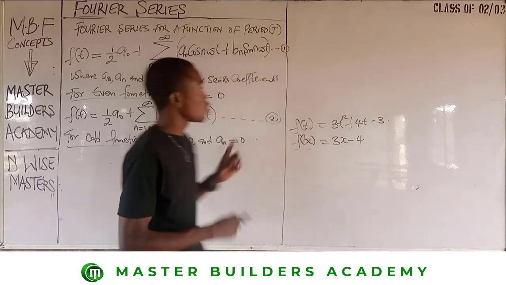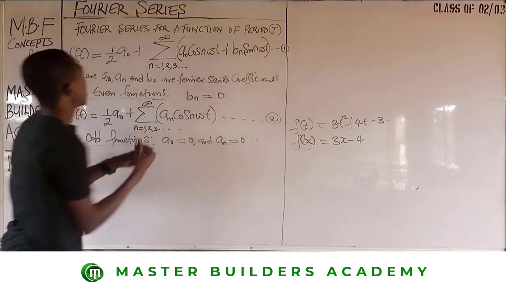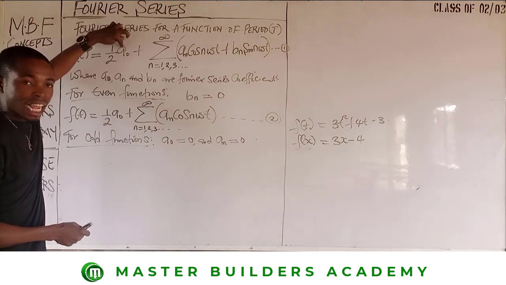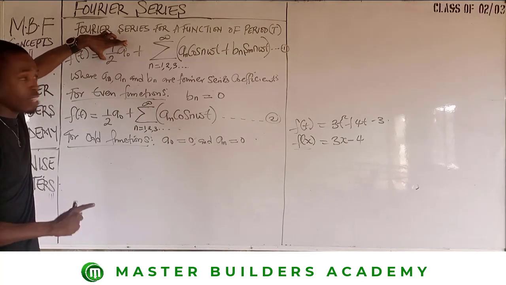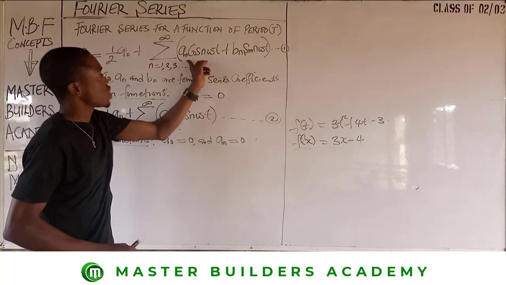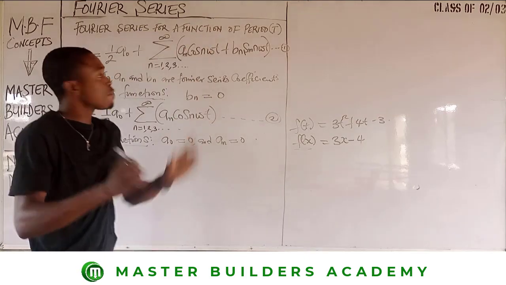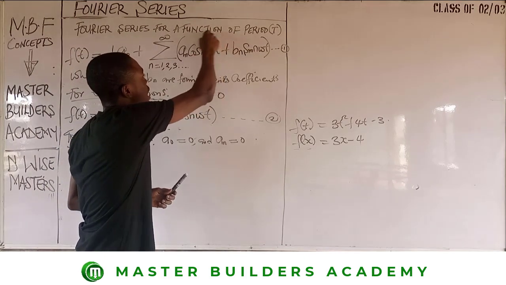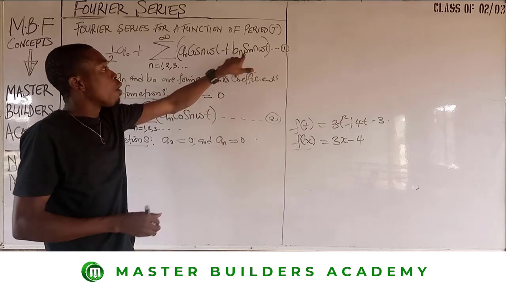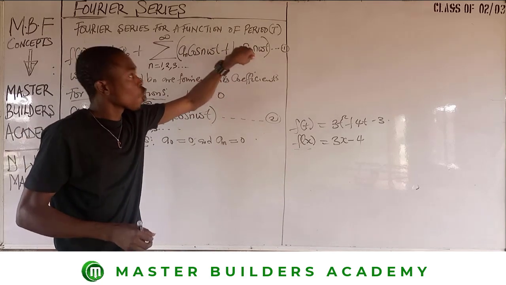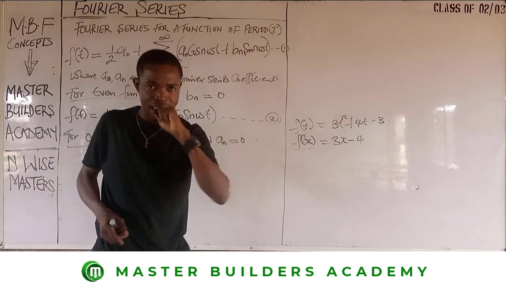So now, guys, let's come to the general equation. In equation 1, if I put in 0 here, it shows that this term will not exist. Then when I multiply cos by 0, everything here will automatically become 0. So I will be left with Bn sine n omega t.